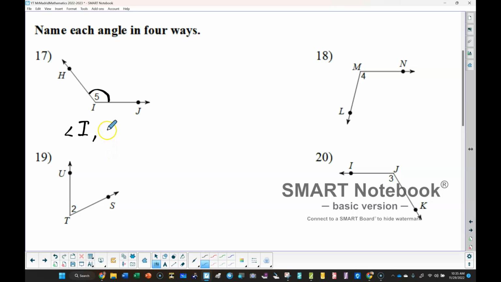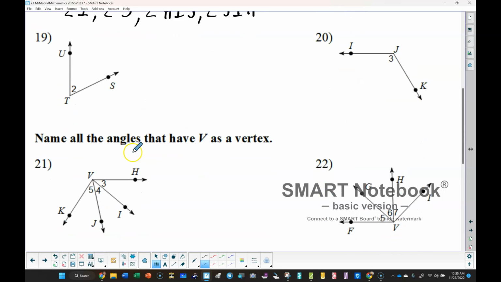You can pause the video and think ahead. If you said angle 5, good. What's another name? Angle H, I, J. And then one more. Angle J, I, H. Hopefully you have the rhythm, and you can do the rest of those.